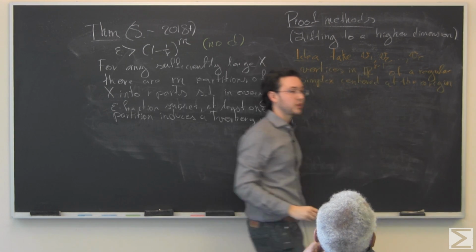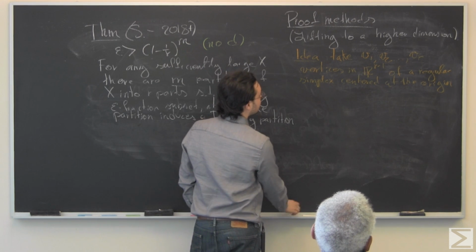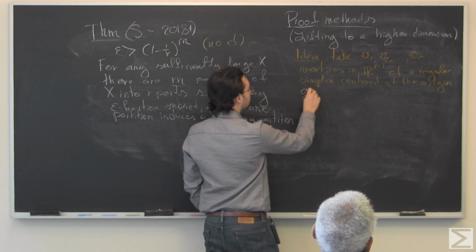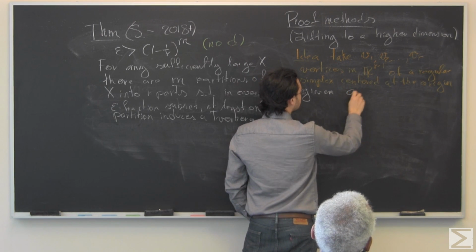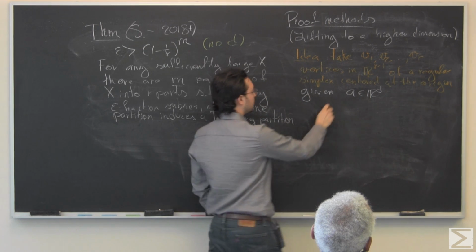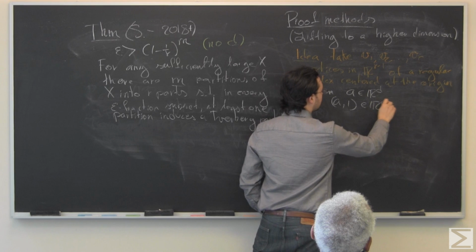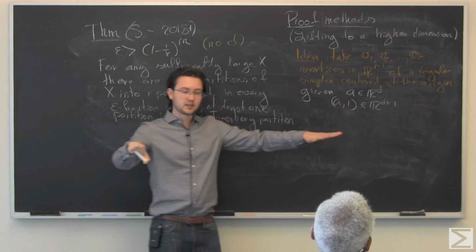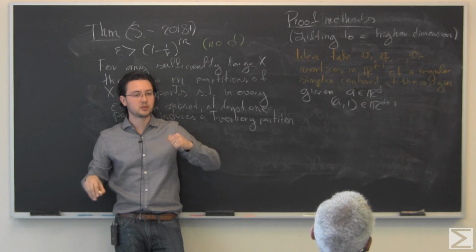Okay? So the way I'm going to lift my points, these are going to be my coefficients in some sense. And now, given a point in R^d, the first thing I do is I add a coordinate 1 to it. So I place my points in a hyperplane in R^(d+1). This is just to transform an affine problem to a linear problem.